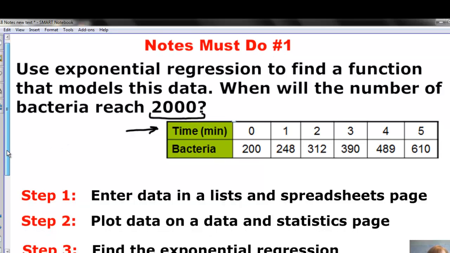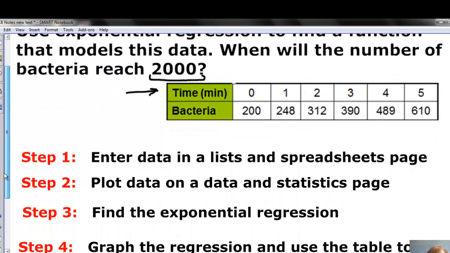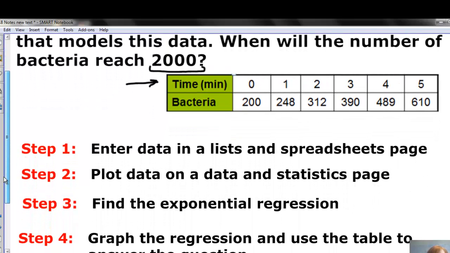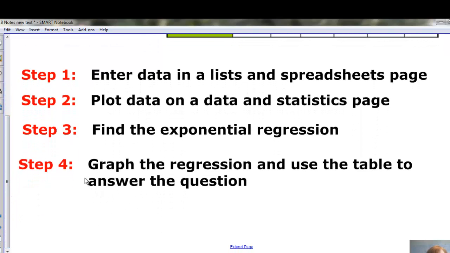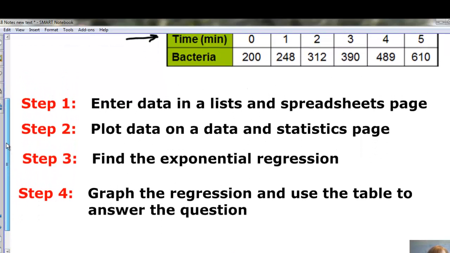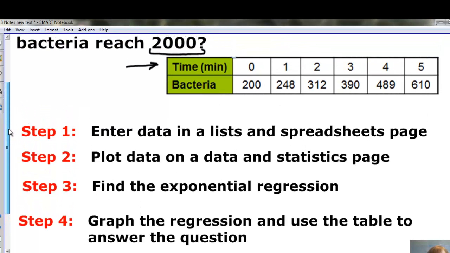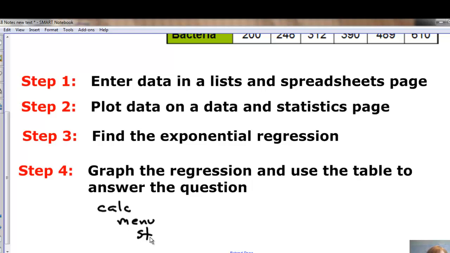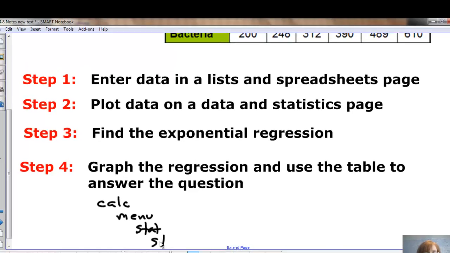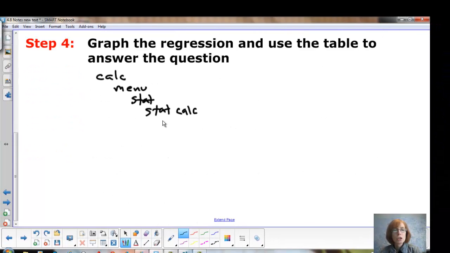All right, so you're going to enter the data in a list and spreadsheet page, plot the data on a data and statistics page, find the exponential regression, and then graph the regression and use the table to answer the question. Again, if you want to get all the way up to 2,000, that's hard to do on your data and statistics page, so you might want to, again, go to a calculator page, and then go to Menu, Statistics, and then Stat Calculations, and then to Exponential Regression.